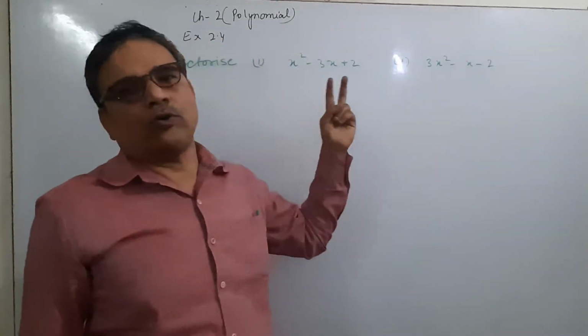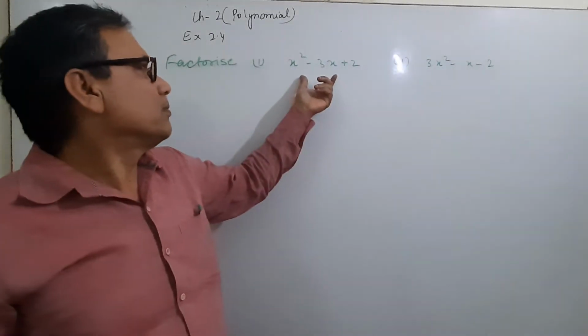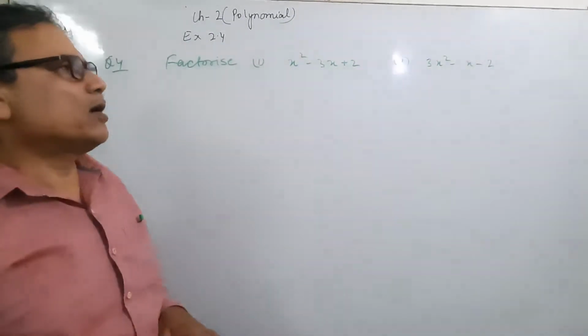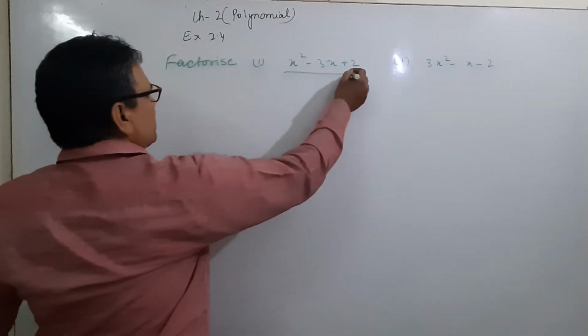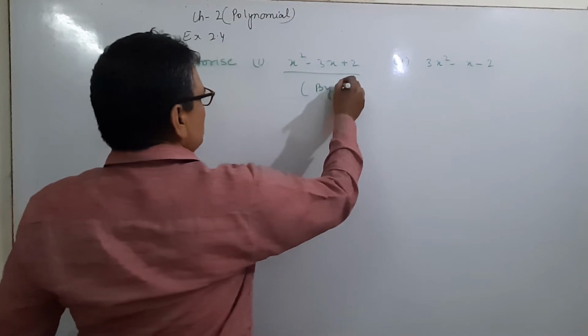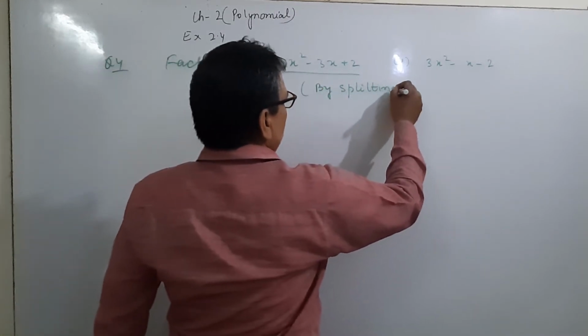Only 2 linear polynomials will be factors of this quadratic polynomial. And now how can we factor? By splitting the middle term. Factorize by splitting the middle term.